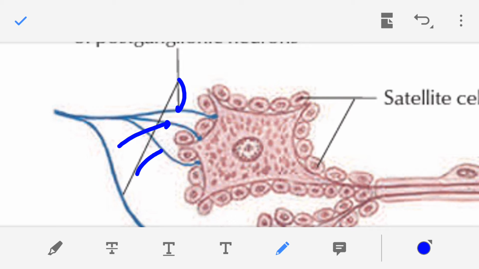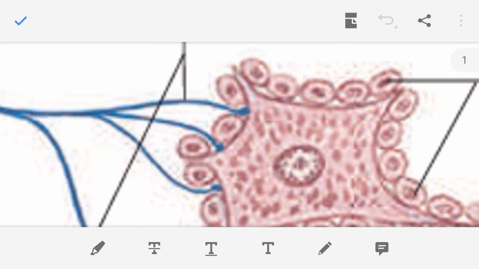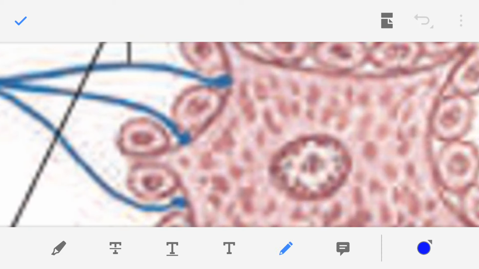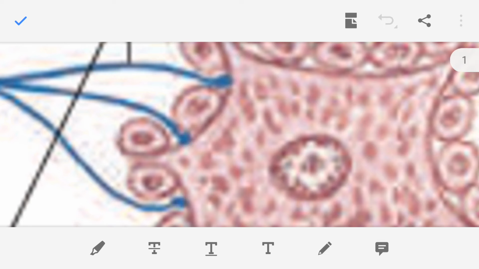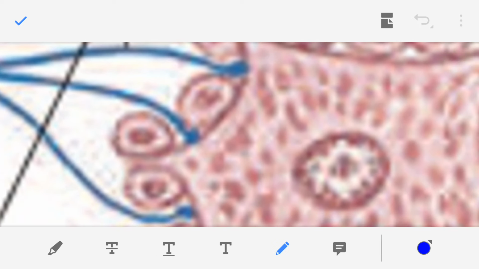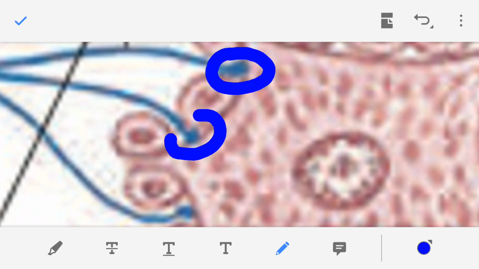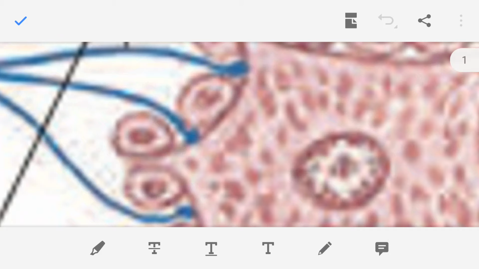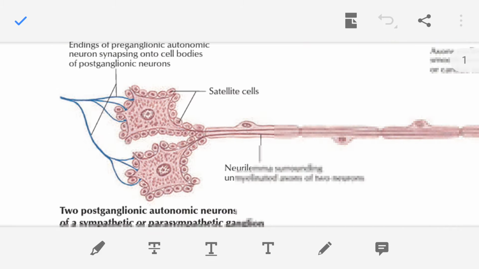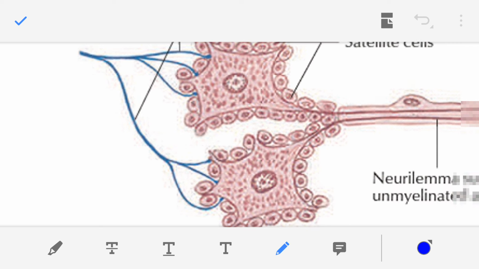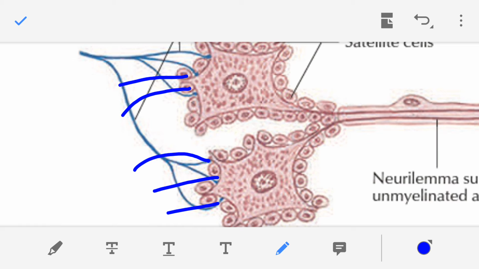At the end of the axon terminal, this one is the synaptic end bulb. Here you can see the synaptic end bulb forming a synapse with the soma of the postganglionic neuron. These are the synapses. This one, this one, this one.